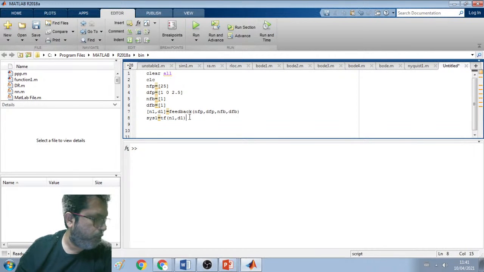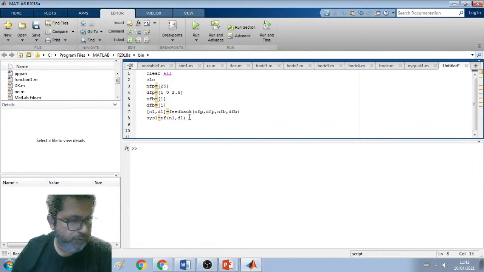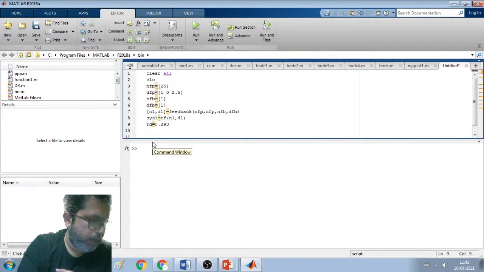Now what is given is the delay time for derivative feedback, TD. Time constant was not given. We had found out yesterday TD was equal to 0.293. That was TD.